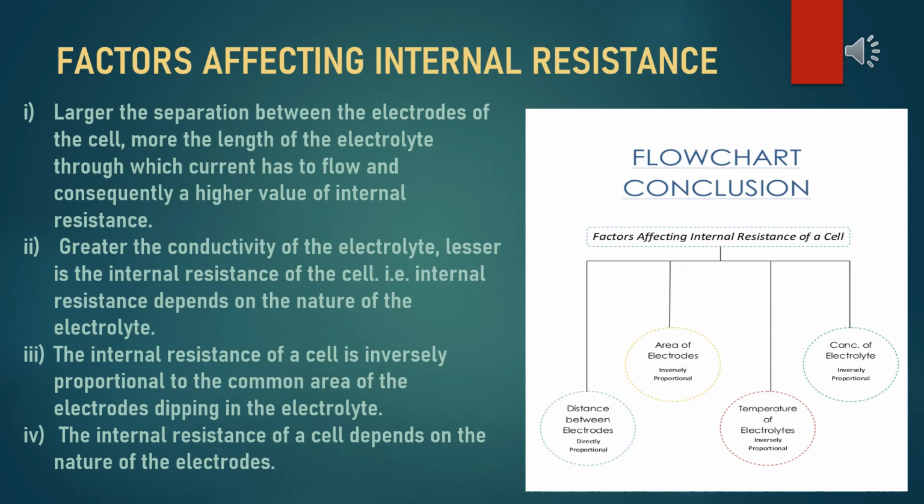From here we will get small v is equal to E minus capital V. So internal resistance small r of the cell is equal to small v by I. Instead of small v, we can write (E minus capital V) by I, which is equal to (E minus capital V) divided by (capital V by capital R). That means here first we are putting the value of small v, then we are putting the value of I.